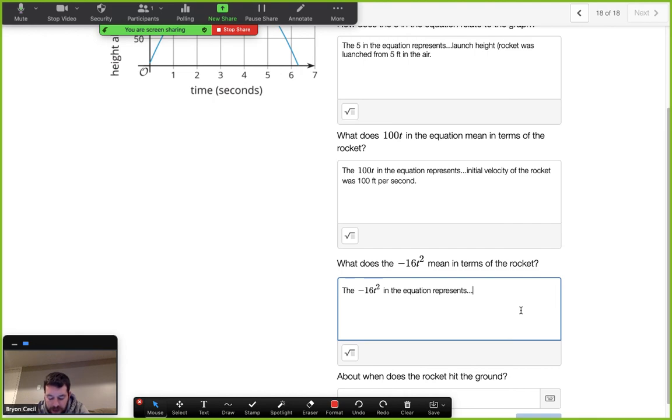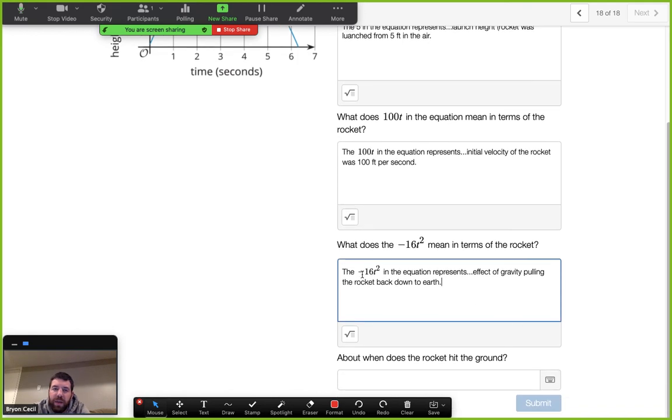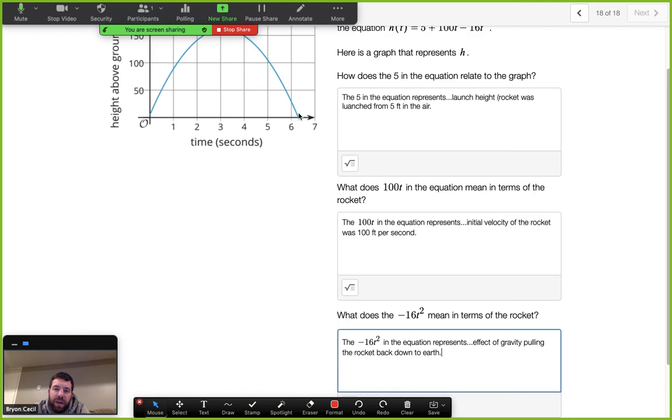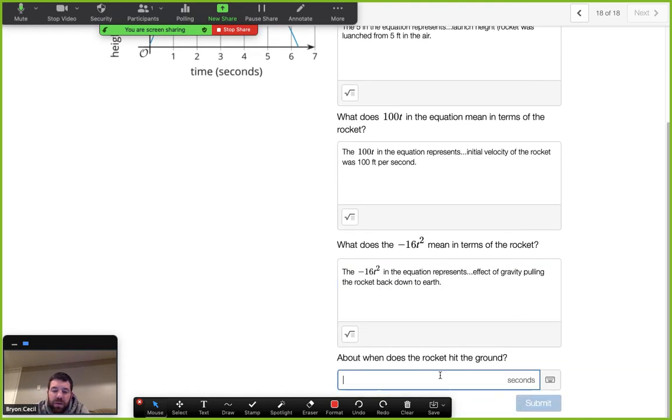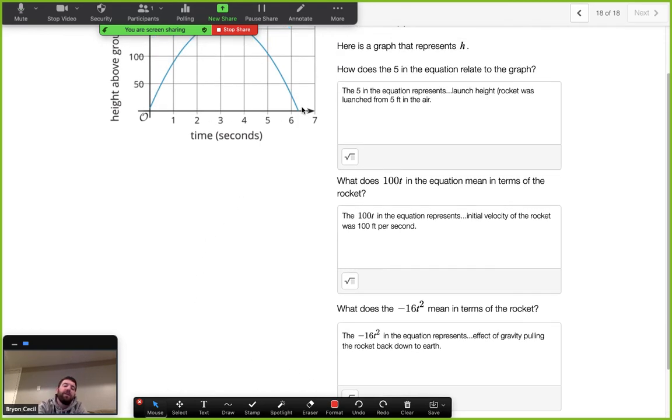This, guys, is just the effect of gravity pulling the rocket back down to Earth. And when does the rocket hit the ground? We see here it's not halfway, it's after 6. Let's go with an even 6.3 seconds. So at 6.3 seconds, it hits the ground.